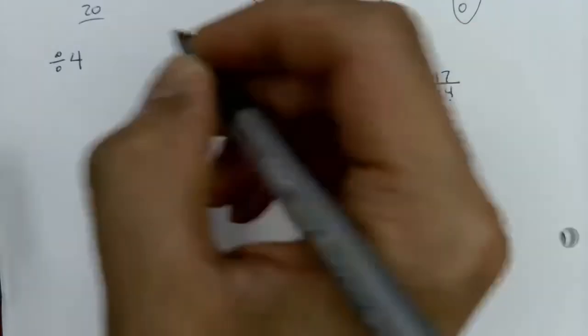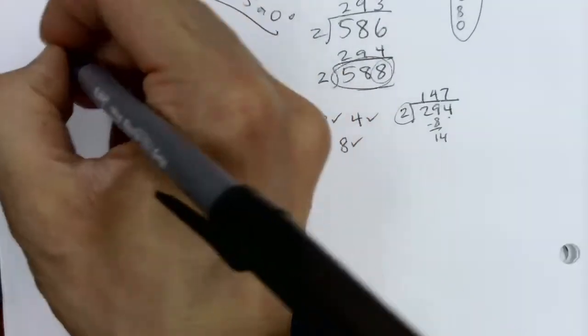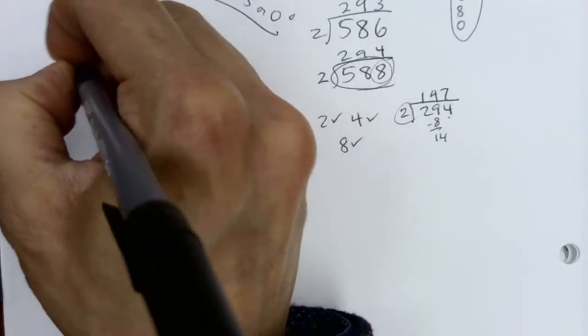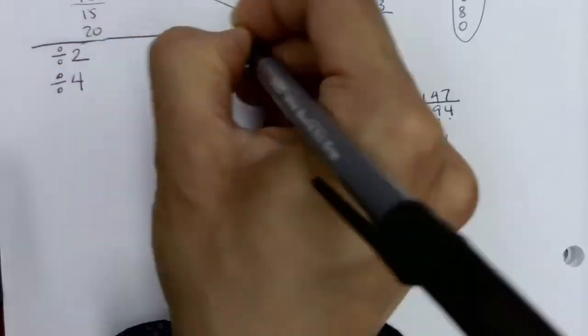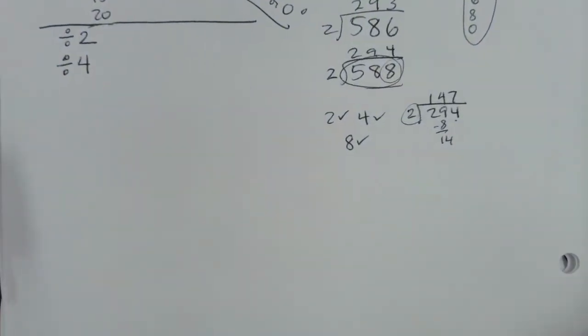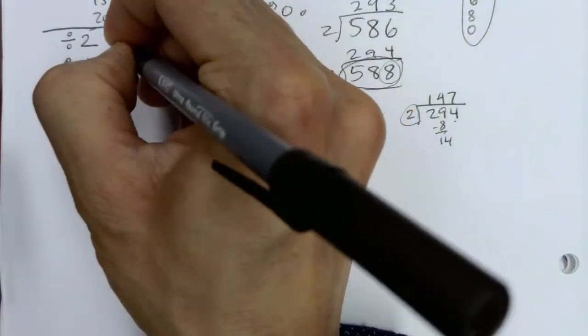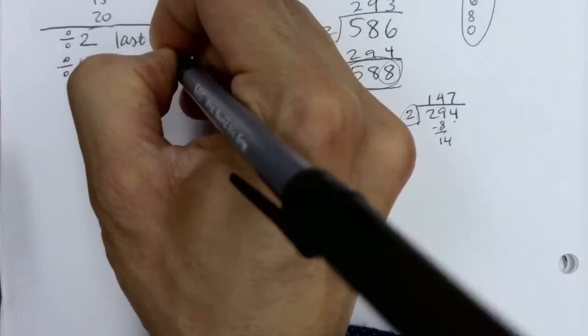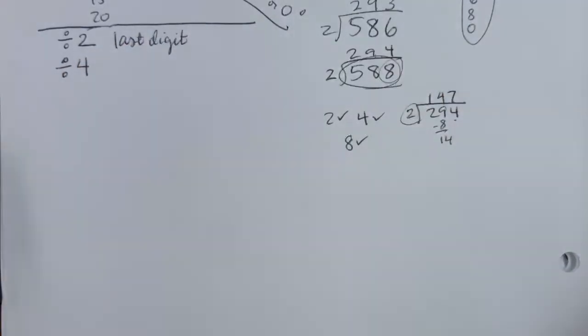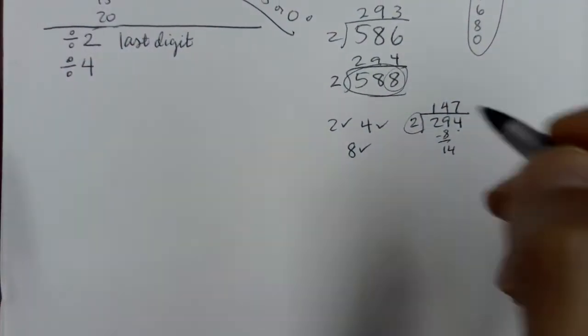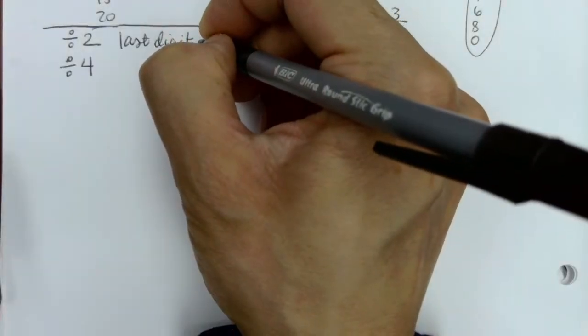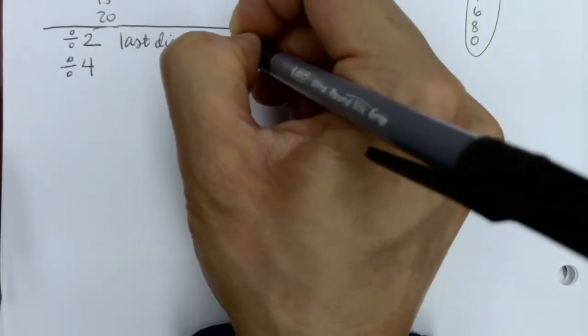Let me include that here, because it forms a really neat pattern. Divisibility by 2: all you need to look at is the last digit. Is the last digit even? Because that makes the whole number even. Last digit is divisible by 2. In other words, it's even.